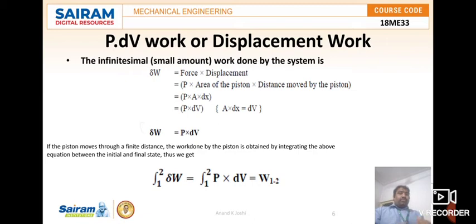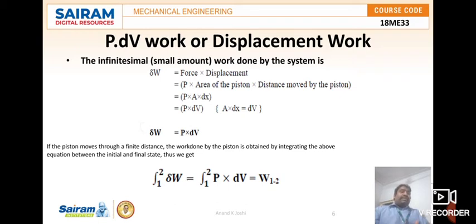Suppose the piston moves through a finite distance, the overall distance it covers. What do we have to do? We have to integrate that equation. Integrating the above equation, what happens? Integration from 1 to 2 of P into dV, where 1 and 2 are the initial and final states. This is the displacement work.